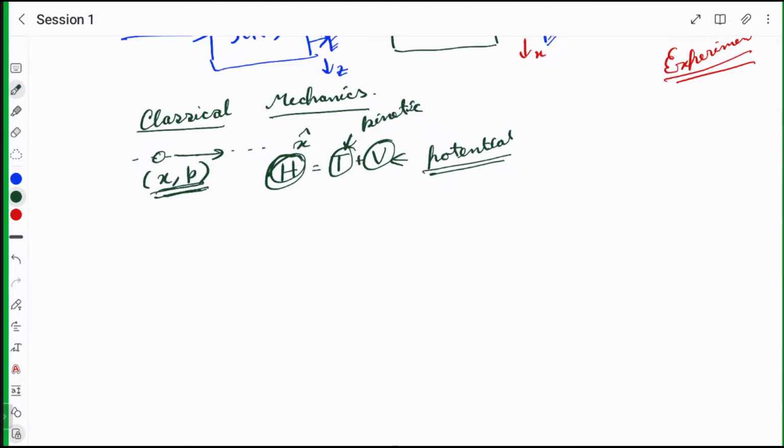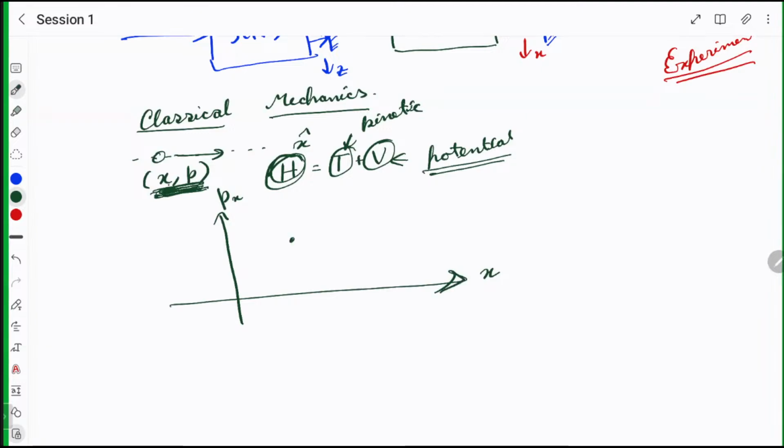then if I know x and p at any point of time, I can find out what its position and momentum, or position and velocity, will be at some later point of time. In one dimension you can specify this on a two-dimensional plane.